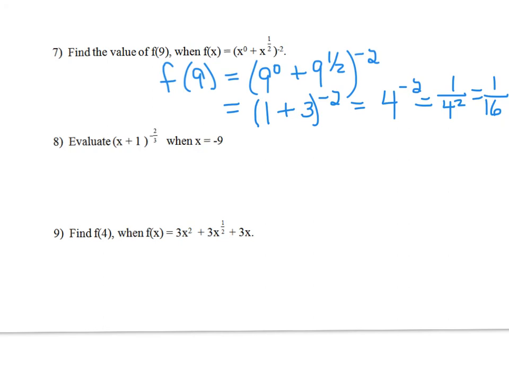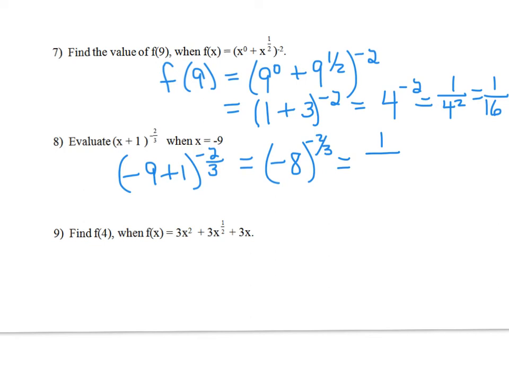For exercise 8, x is -9, so I'm going to replace the x with -9. We'll add on 1 and then raise to the -2/3 power. So inside of the parentheses, I'm getting -8 to the -2/3. Again, I see a negative exponent. Now, don't get this confused with the base being negative. When the exponent is negative, I want to take the reciprocal, so I want to put -8 underneath 1.